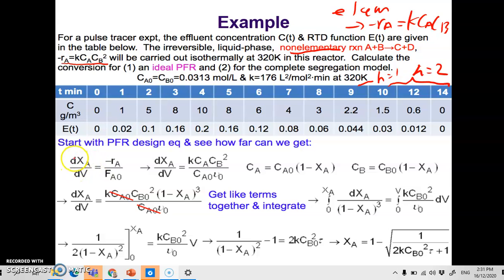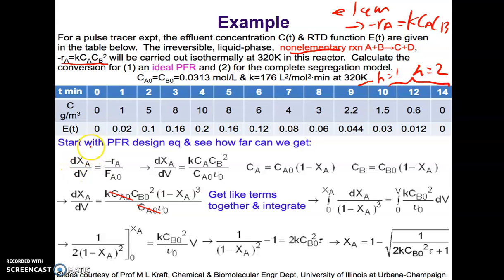First we need to derive the XT. Okay, you need to derive your XT, right? So this is the design equation for your PFR. I believe that you have learned it in Prof. Zain's class. So this is actually your negative RA. It's given that negative RA equals k CA CB squared.